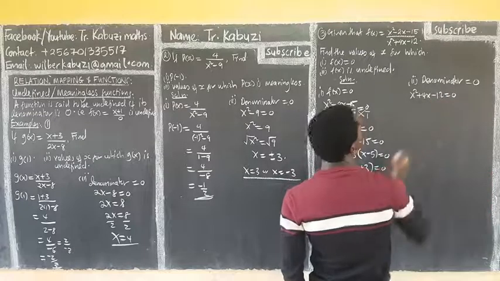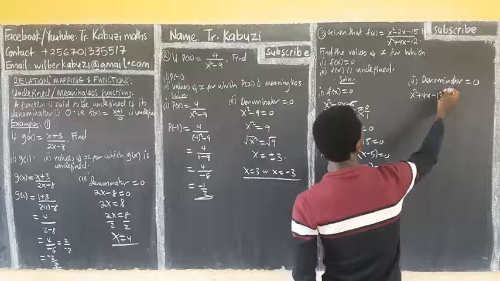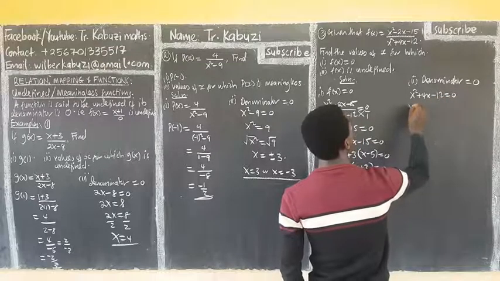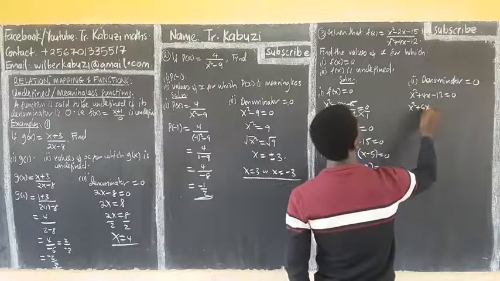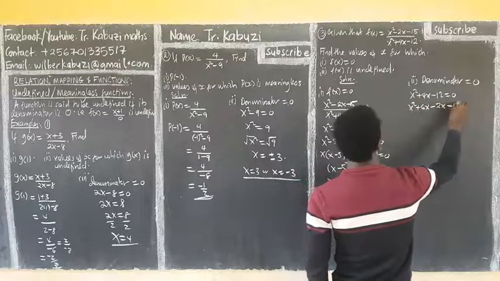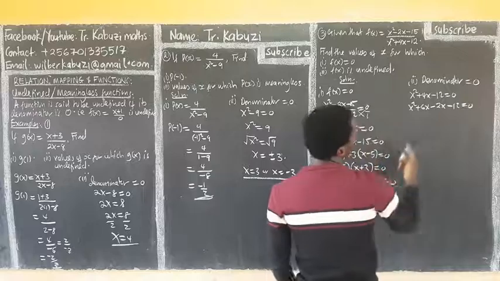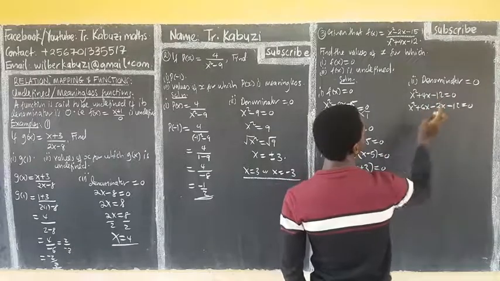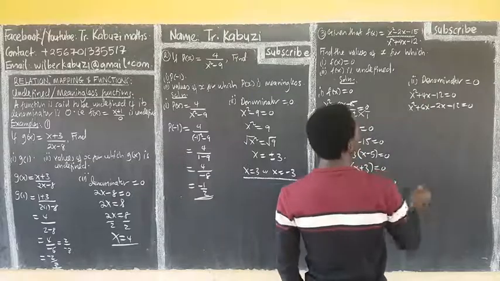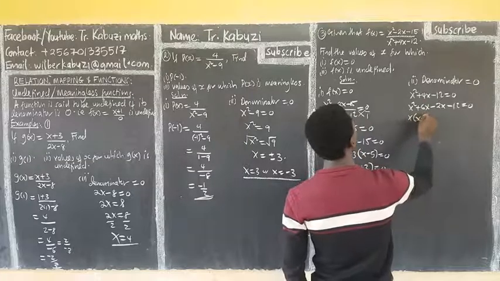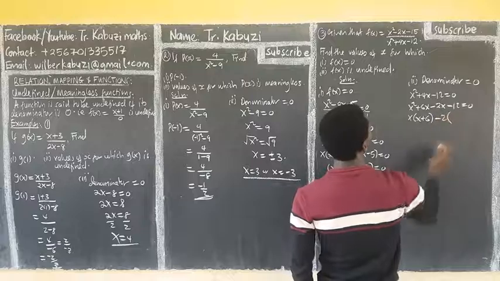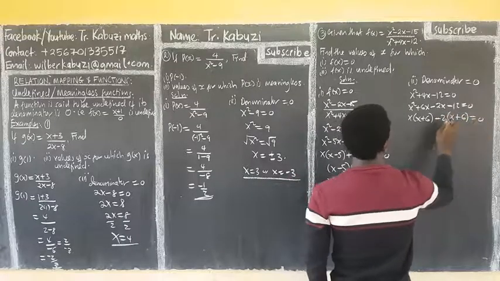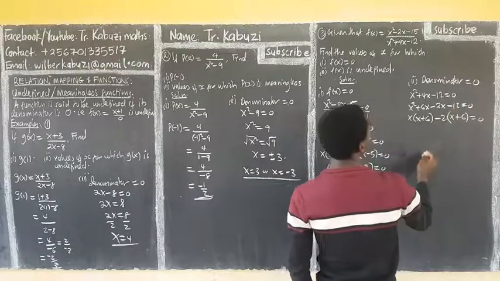The factors are going to be 6 and 2, but one has to be negative, so I have x squared plus 6x minus 2x minus 4 equal to 0. When you multiply these, you get 6 and negative 2; when you add them, you get the middle term. So x is common here, and negative 2 is common there.